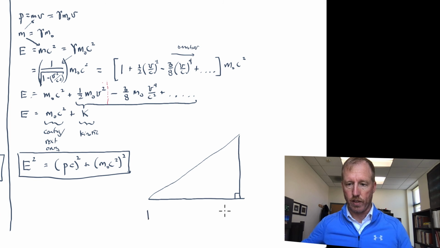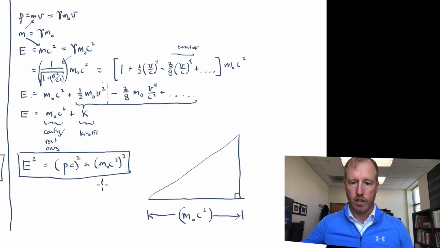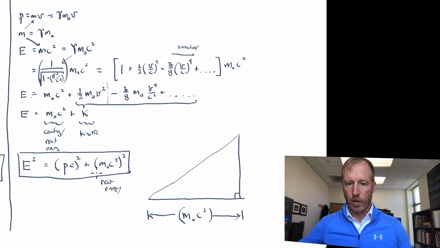So the length of this side right here is, let's take this one right here, m naught c squared. Okay, so that would be the length of that side. That would be a measure of the rest energy of the object. What about this side? That would be pc right here. So that would be pc.